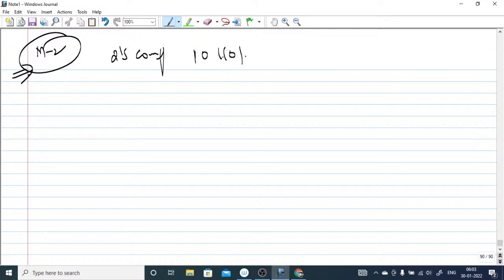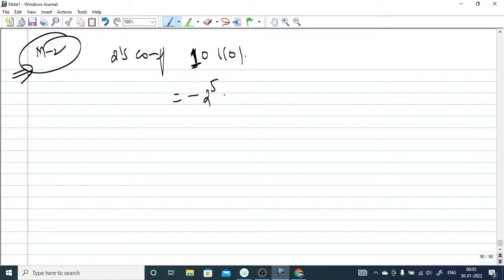Because of this minus sign, here it will be minus of this. Definitely it will be minus. If there is a minus sign, I mean 1 is given, so it should be minus of 2 to the power 5, I mean 32.